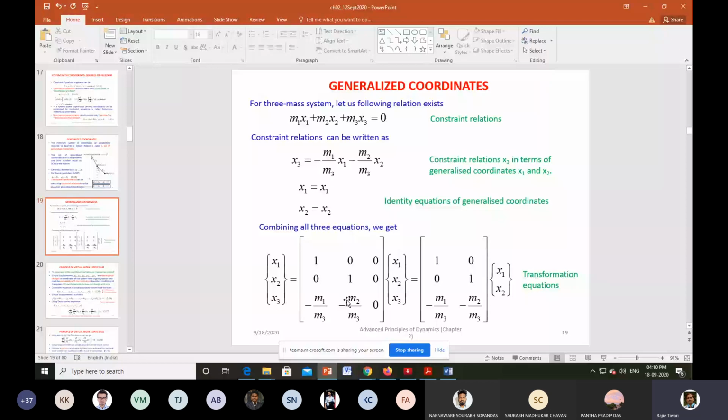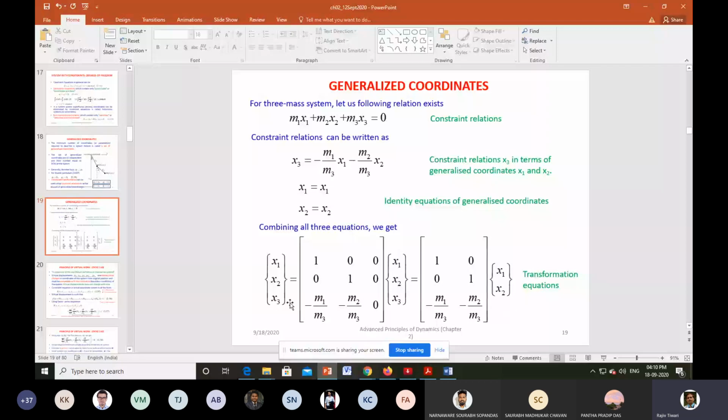Now you see that in the last column, all zeros are there. So obviously x3 will get cancelled, and this equation can be reduced like this. The last column can be eliminated, and so x3 also can be eliminated.